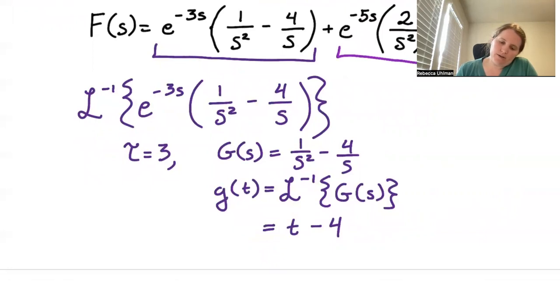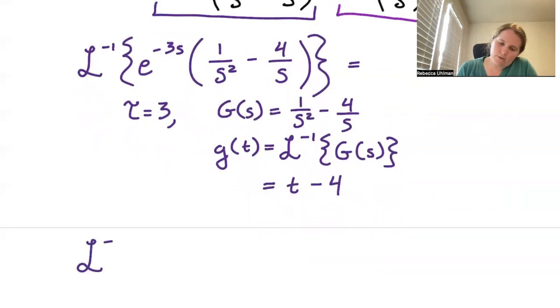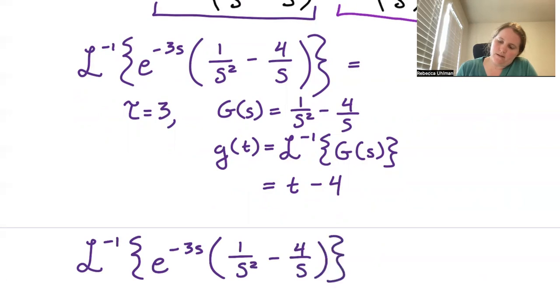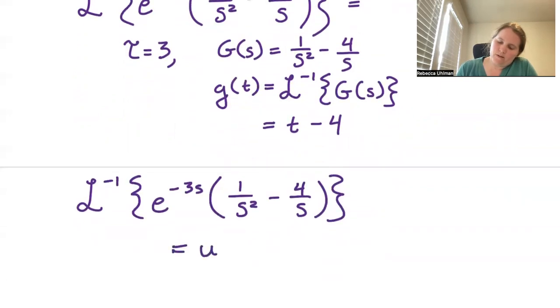We know that our inverse Laplace transform becomes the step function times the inverse Laplace transform shifted. So we get this inverse Laplace transform of e to the negative 3s times 1 over s squared minus 4 over s is equal to u of t minus 3 times g of t minus 3.